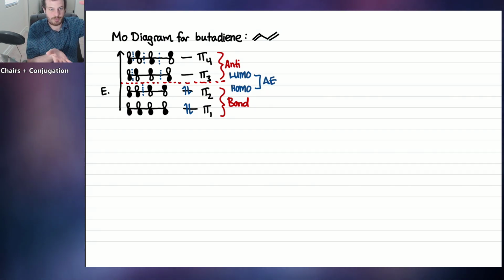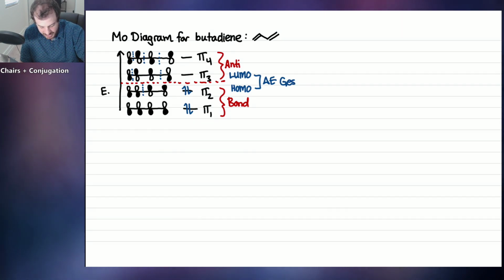That's because this whole picture starts getting more and more compressed. With every additional pi bond that we add another 2 atomic orbitals, and we add another 2 molecular orbitals. So this whole picture just keeps getting more and more compressed, and so the delta E gap gets smaller and smaller.